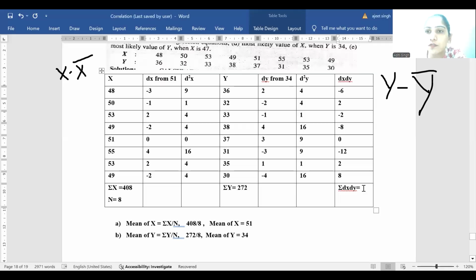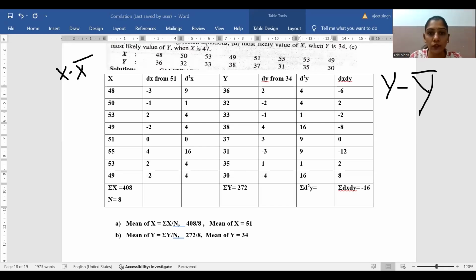The answer of sum of dx dy is minus 16. Okay. So we have to also calculate the sum of d square y, which is equal to 4 plus 4 plus 1 plus 16.